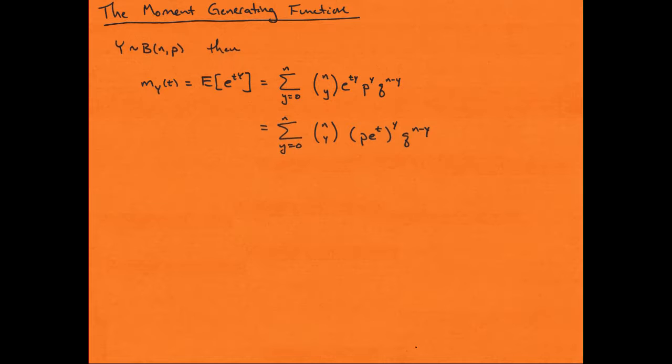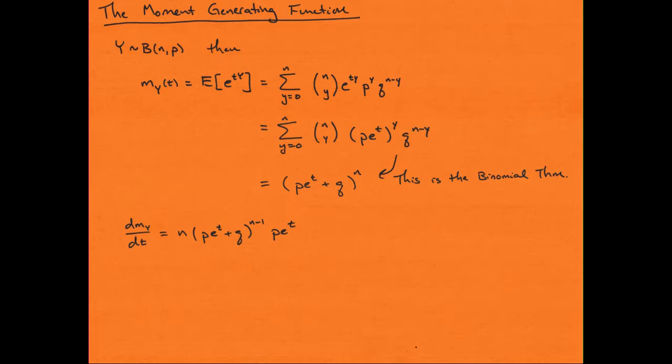And then, quite naturally, what we have is, by the binomial theorem, p e to the t plus q raised to the n power. So the binomial theorem really just gives us the moment generating function automatically. That's a nice, powerful way of getting things.